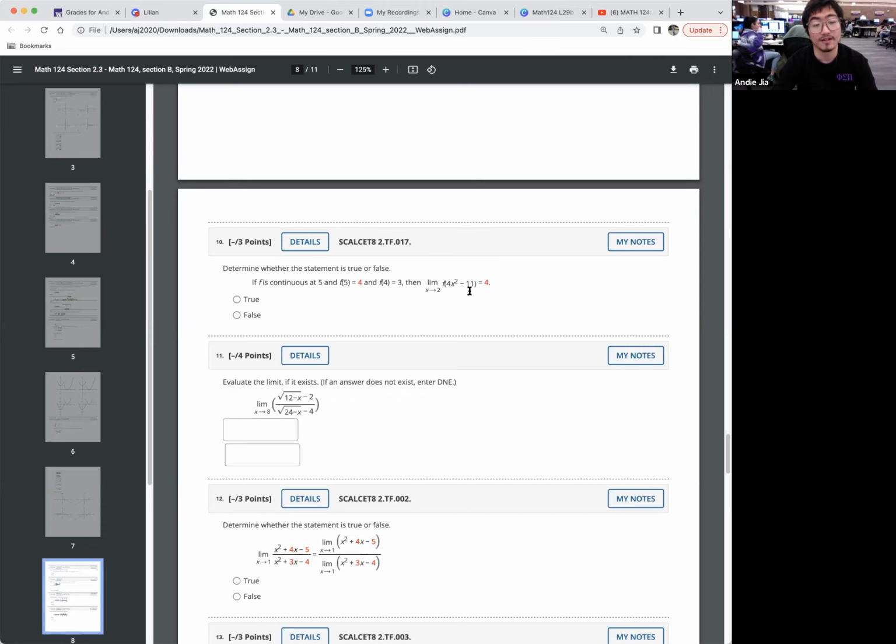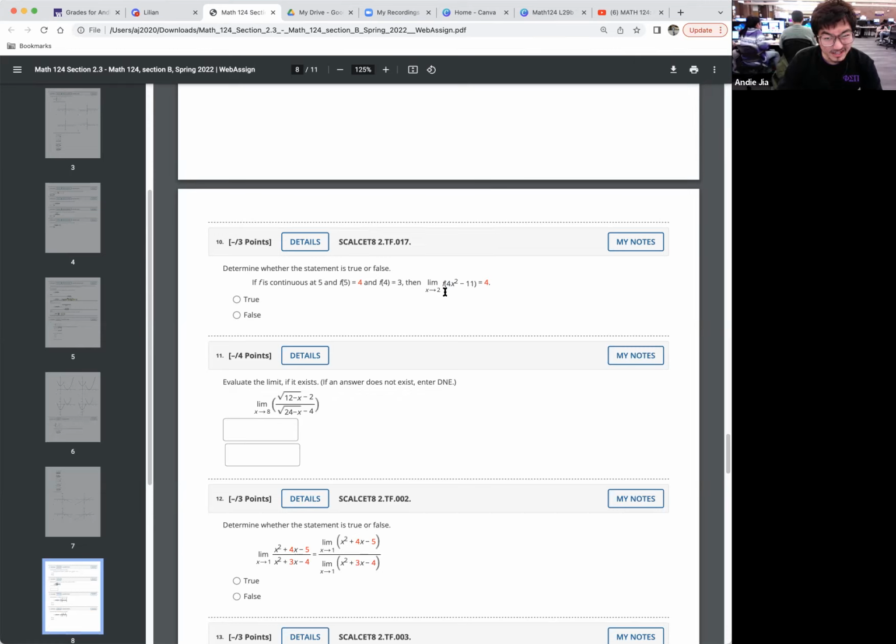So this should be 1 if it's equal to 2 here. So this is false. Because continuous, this might be a linear function, because there's no hint on what type of function f of x is.